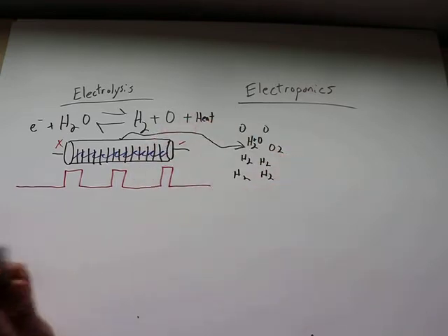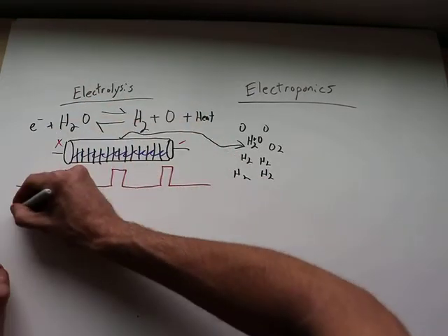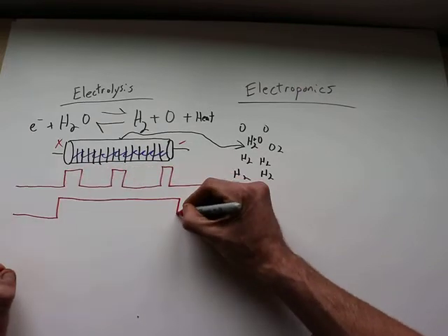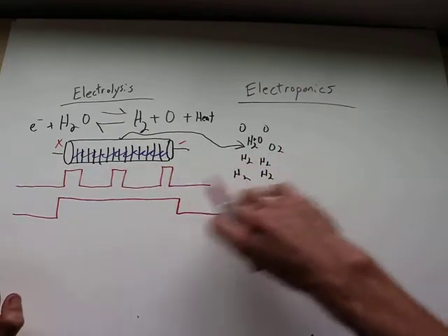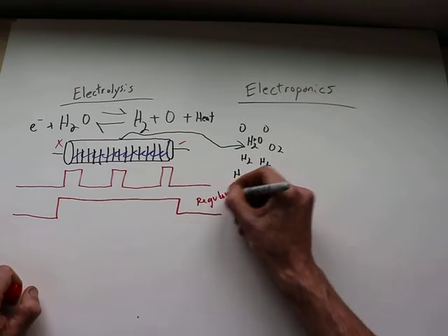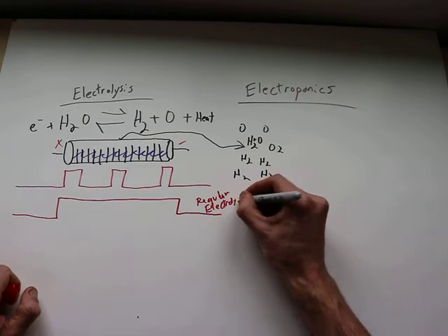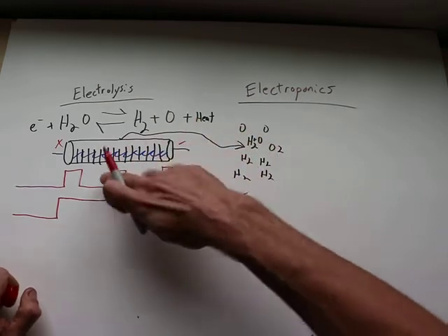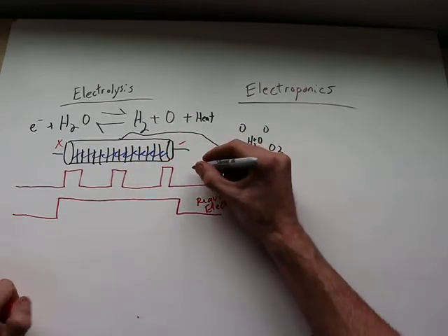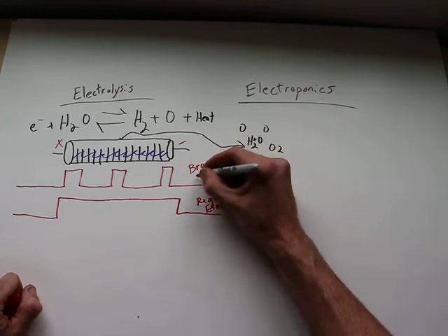Regular electrolysis uses a constant voltage, or you could use AC voltage, but they use a constant DC voltage. So that's going to produce more just diatomic gas. So this is regular electrolysis, and then this pulsed DC is resulting in a gas called Brown's gas.